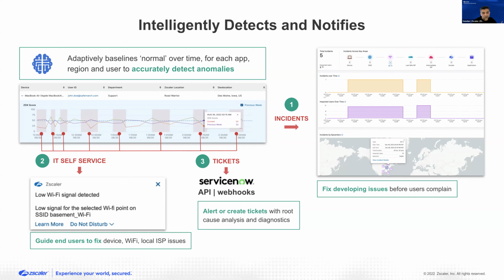So that's one. Now, there are two other things that we are currently working on, and these have not yet been integrated with ServiceNow, but that's where we are heading. One is the incident dashboard. This is something very new that is available on ZDX, where using AI and ML, we detect where incidents are happening, from your device up to the application.